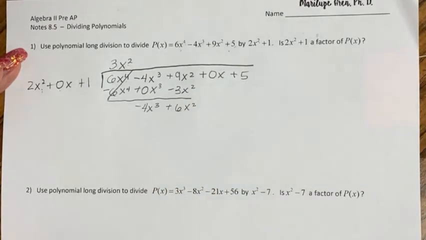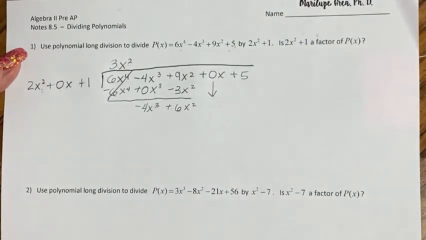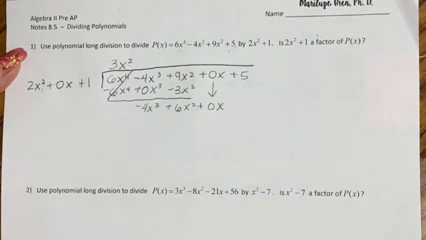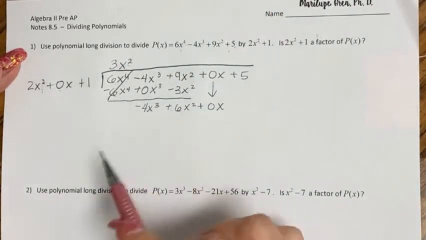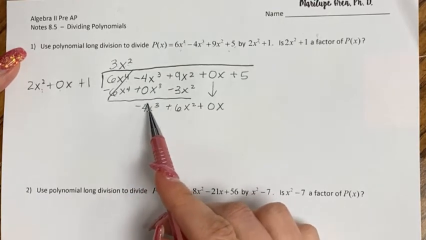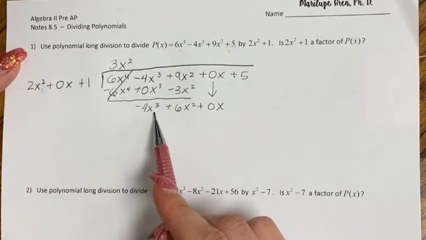At this point what you need to do is take down your next number, that in this case is the 0x. So you take down the 0x. Now your goal is to analyze the negative 4x^3, and you want this 2x^2 to be negative 4x^3.